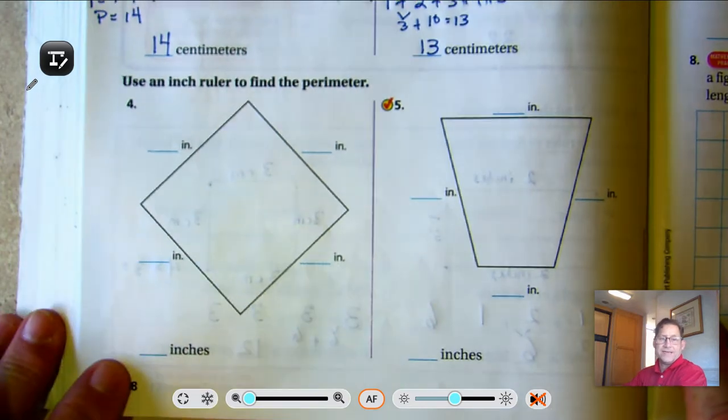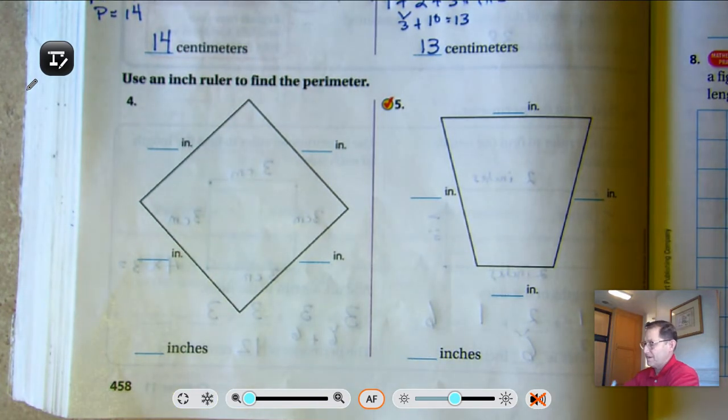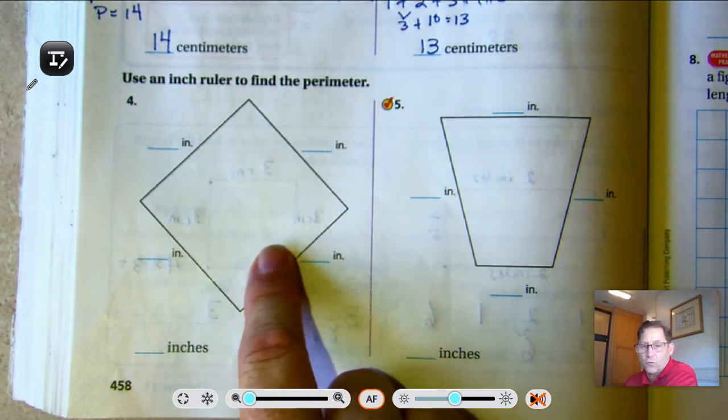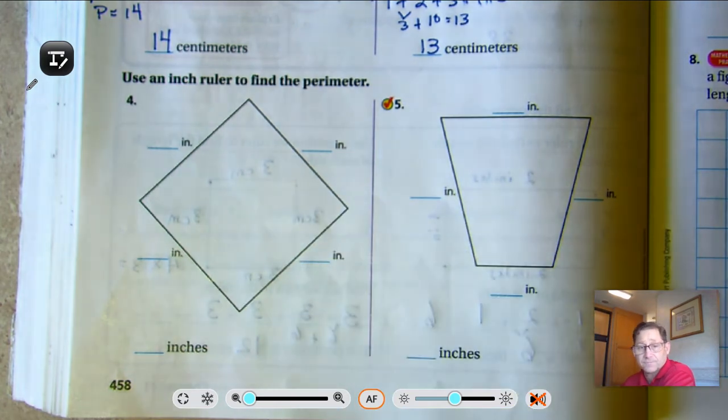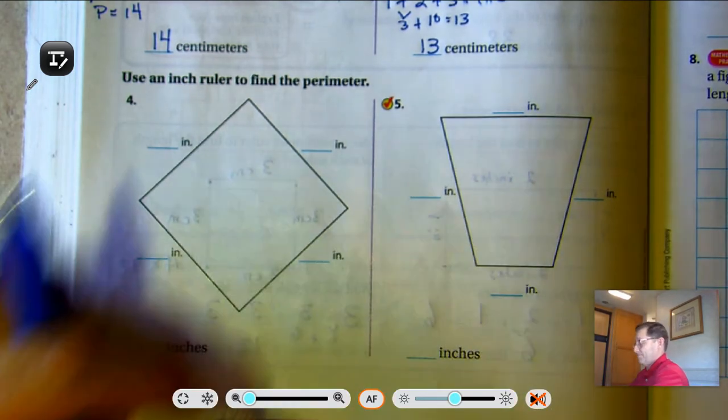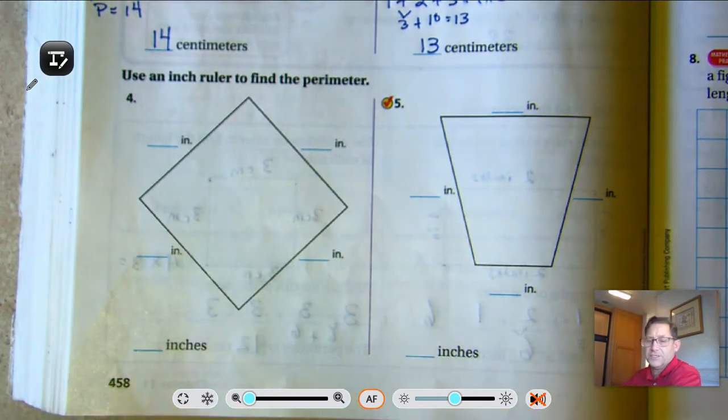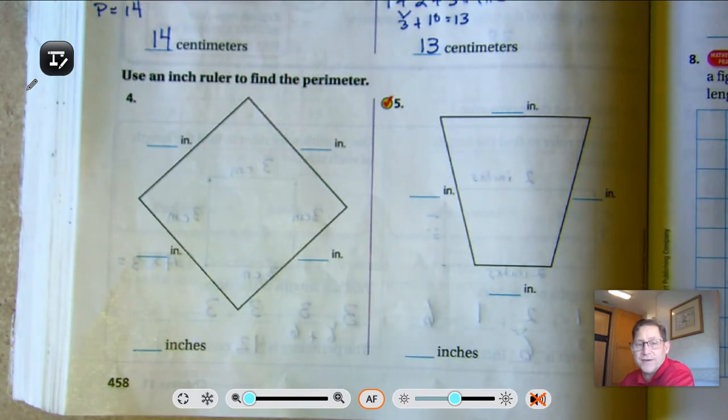Right, number 4 and 5. Use an inch ruler to find the perimeter. Well, this looks like a rhombus or a square, which means it would probably have all 4 sides equal. But in geometry, we don't want to guess. We don't want to take anything for granted. We don't assume anything.